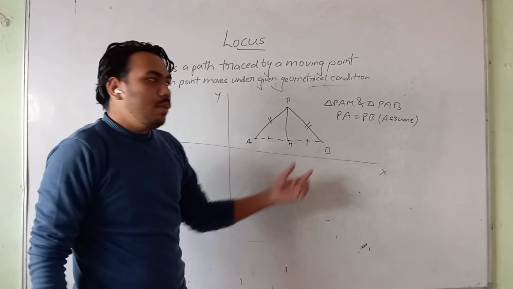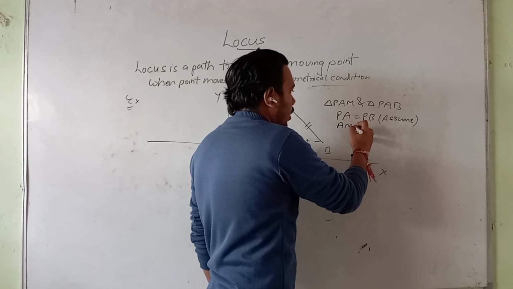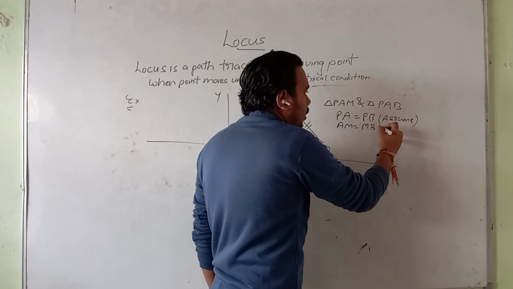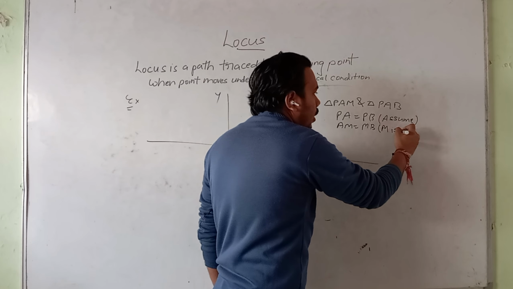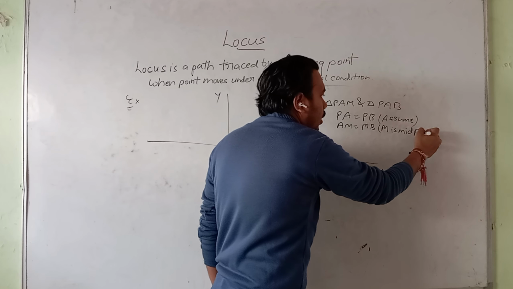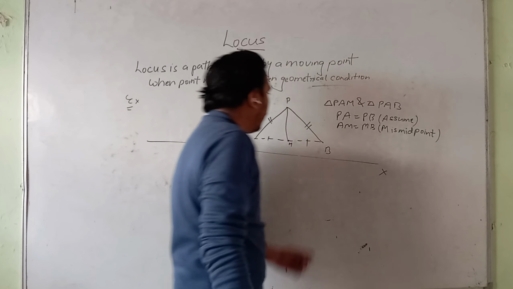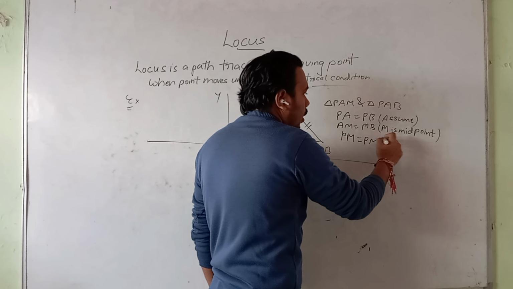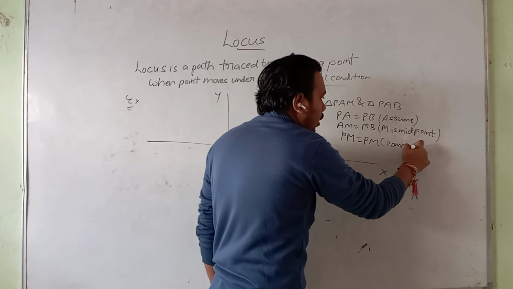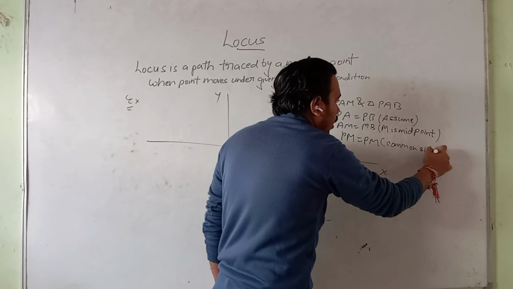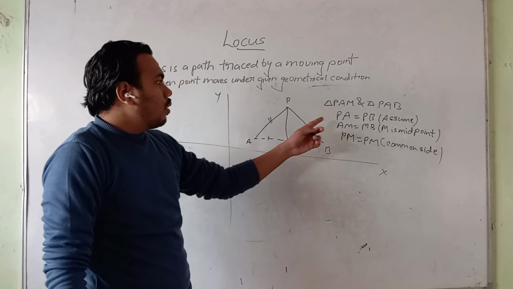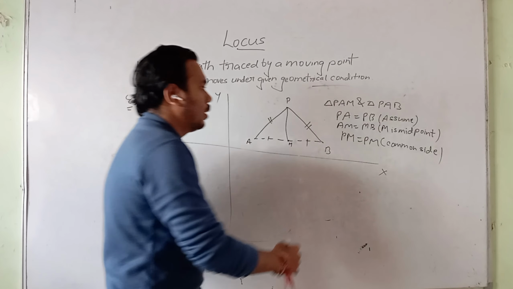AM is equal to MB since M is the midpoint, and PM is equal to PM, a common side. I can say that these two triangles are congruent by the SSS criteria.